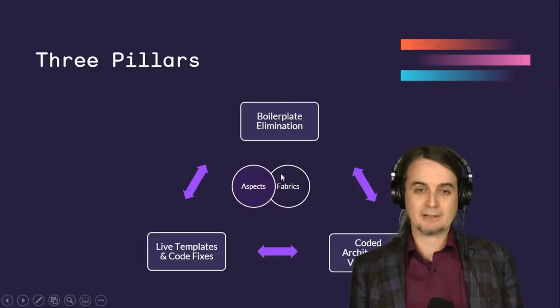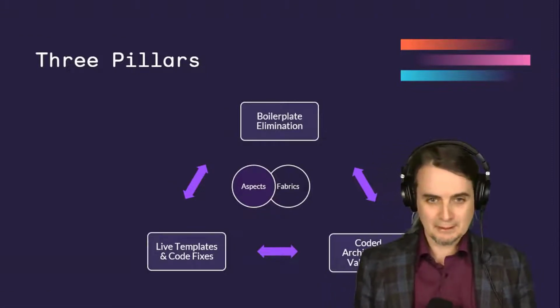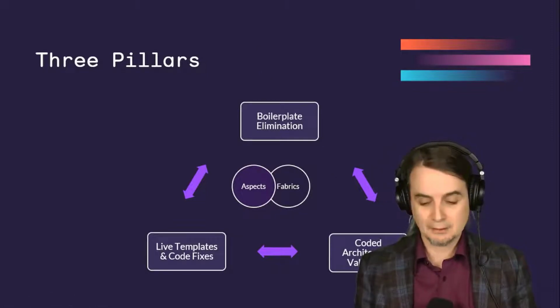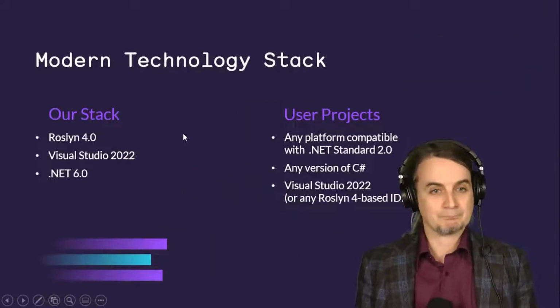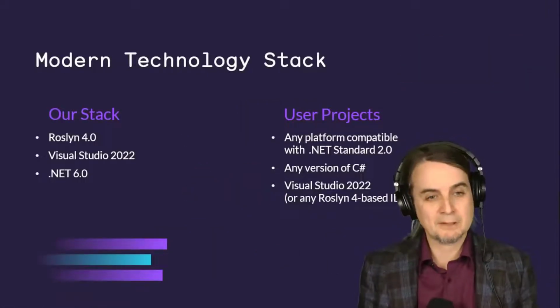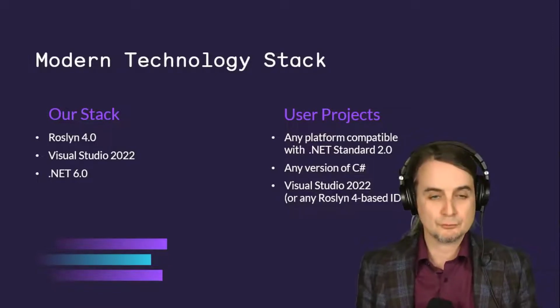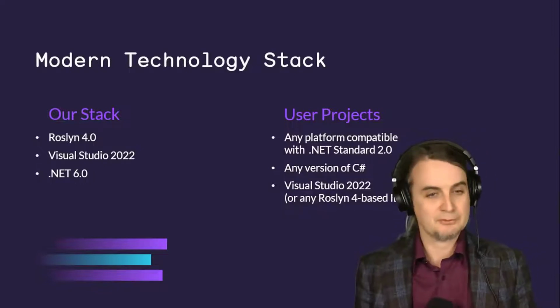With Metalama, we are adding another concept similar to aspects. These are fabrics. Instead of explaining that theoretically, I will show you in the demo. Metalama, as I said, is a complete rewrite based on Roslyn 4, Visual Studio 2022, and .NET 5. We started with .NET 5.